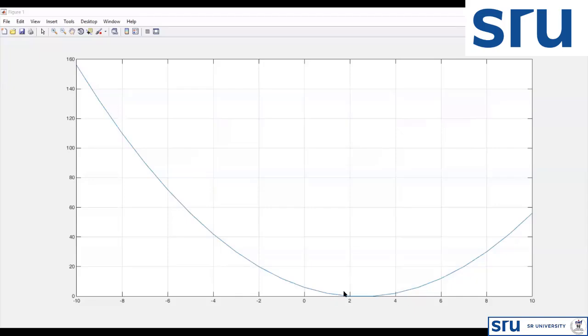Now you just have to find out the roots of the equation. The limit will generally be given, but I am taking it without a limit given, so that's why the problem was there. So I have taken minus 10 to 10. Now you have to find out the initial guess value. Now you tell me the initial guess value. Yes, 2 or 3, that is the exact solution, because we have discussed it many times.